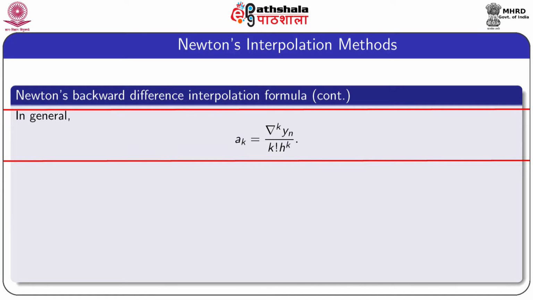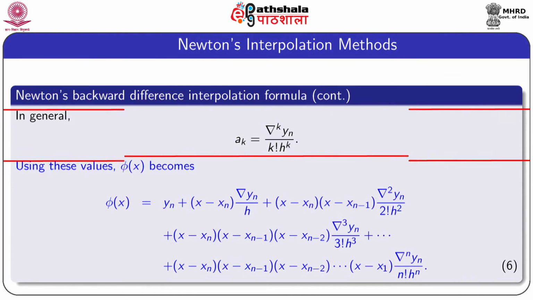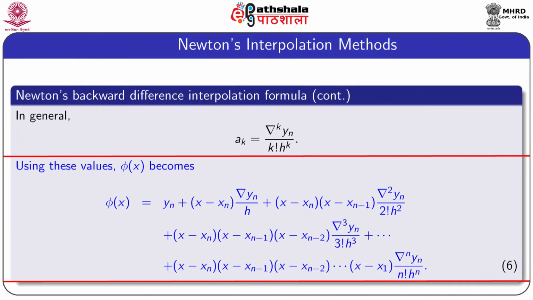This is true for all k equal to 0 to n. So, using these values, the polynomial phi x becomes phi x equals yn plus x minus xn into nabla yn by h and so on. Here also this expression can be simplified by using a suitable variable. That one is discussed in the next slide.